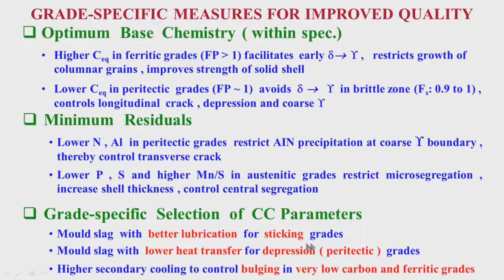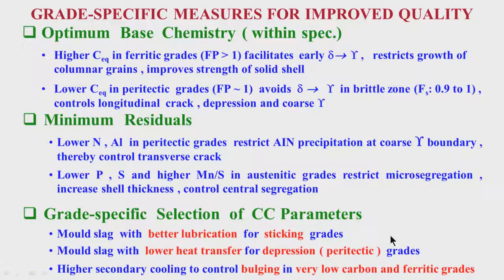As I mentioned, if it is a sticking type of grade, that means for very low carbon or very high carbon, the mold slag should have better lubrication, because here lubrication is the issue, because it is a sticking prone grade. So, what is sticking? The shell will try to touch the mold. Therefore, the mold slag which is present in between the mold surface and the solid shell must resist that. So, the lubrication has to be better there.